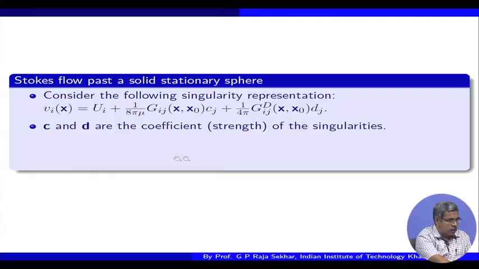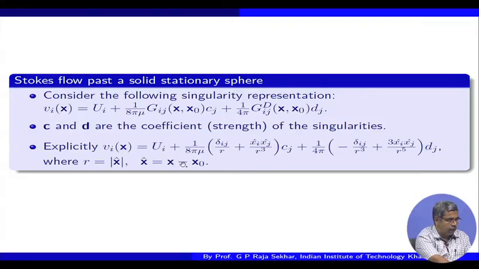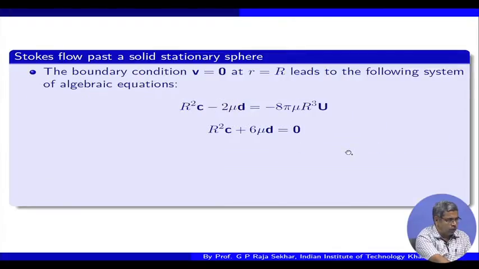Okay. So, how do we determine C bar and D bar? Simple, you force the no slip condition. Okay. So, in explicit form, this is a Stokeslet and this is a potential dipole we have already considered. Now, the boundary condition is no slip on the surface of the sphere.